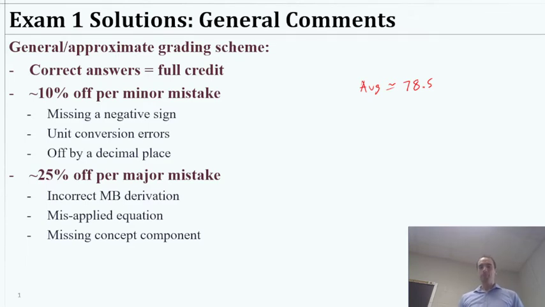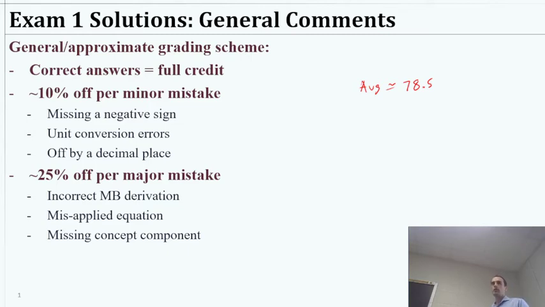But essentially my grading scheme then is if you make a very minor mistake, you flipped a negative sign, you forgot or you misplaced a digit or something, that's about 10 points off or 10% per mistake on a given problem. So if the problem is 10 points and you made a little mistake, it would be like -1.